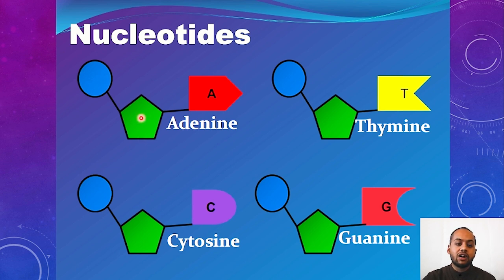So you'll have deoxyribose sugar here, deoxyribose sugar there, deoxyribose sugar, and deoxyribose sugar. When we are looking at the types of nitrogenous bases in a DNA molecule, we'll have one of four types of nitrogenous bases. It's either adenine, thymine, guanine, or cytosine.